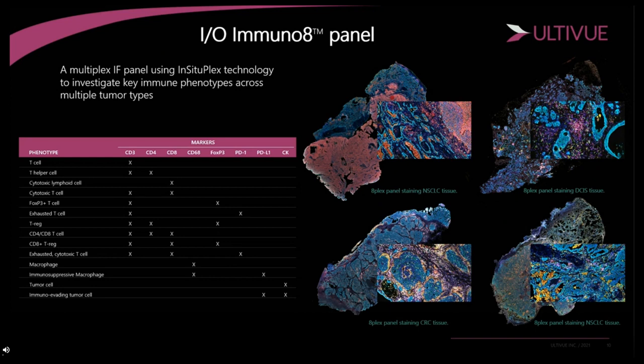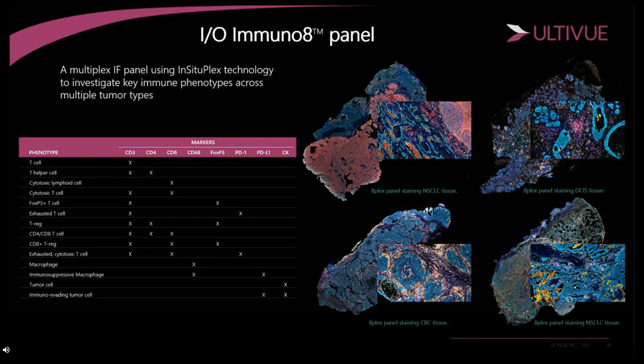This is an overview of the Immuno 8 panel that we have recently developed that includes the main phenotypic and functional markers for the key immune phenotypes that are critical in the tumor microenvironment.